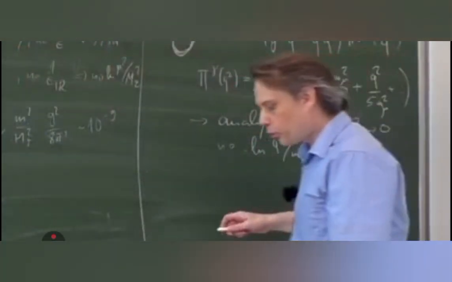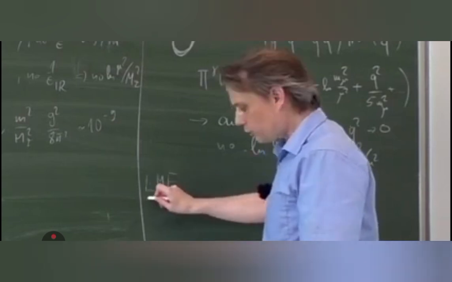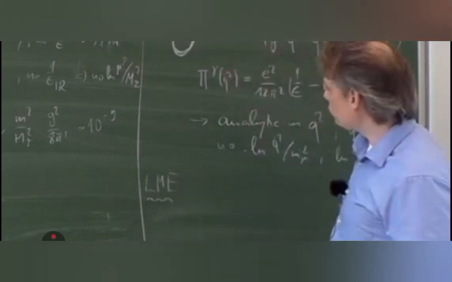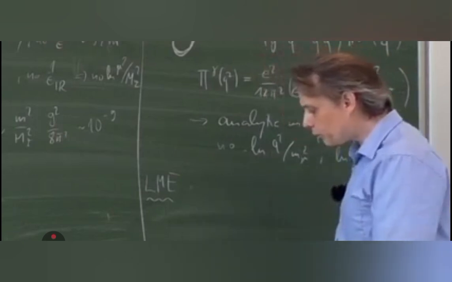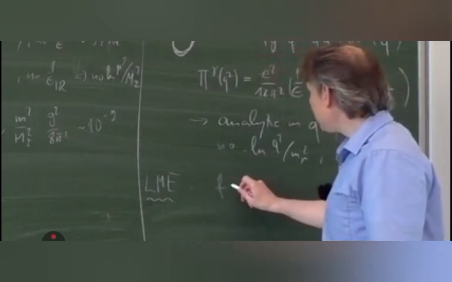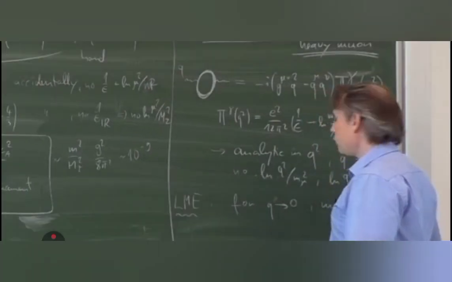Let us look at the diagram from the point of view of large mass expansion or method of regions, and let's in this case use the large mass expansion way of looking at it, which is of course equivalent. So we look at the case where q^μ goes to 0, or equivalently the muon mass goes to infinity.